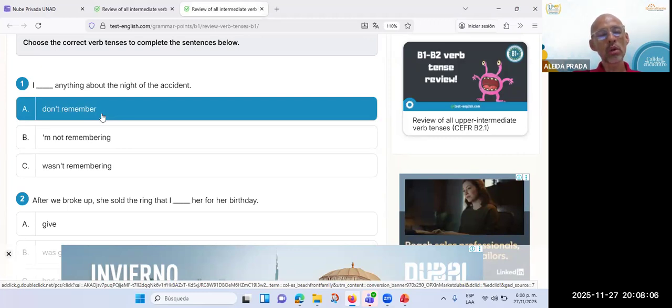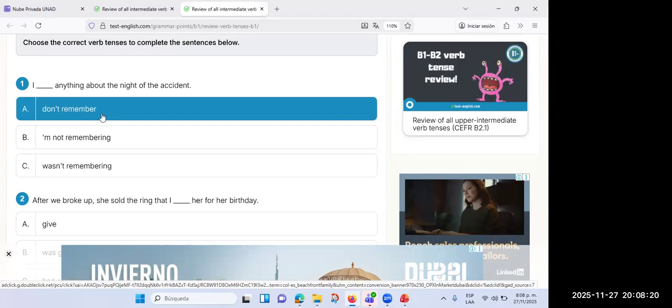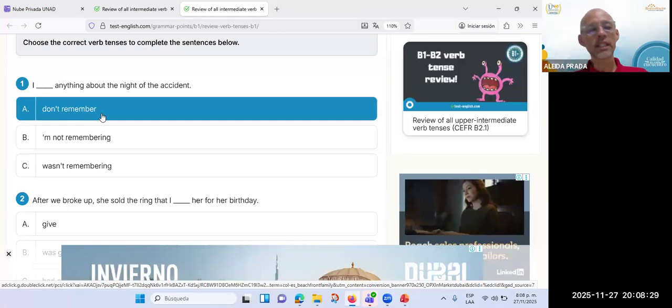Valentina, if you want to change this sentence from present simple to past simple, what do you have to change? If I'm not wrong, I think it has to change the verb to be. No, the verb to be, no. In this case, we are not using the verb to be, Valentina.